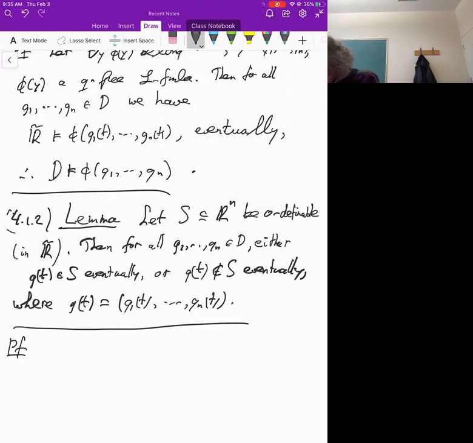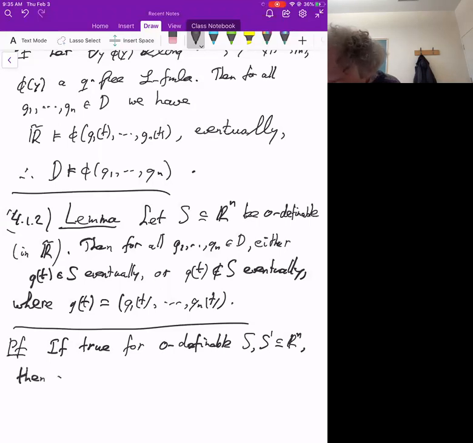Proof, and it's quite simple. First of all, if it's true for zero definable S and S prime, then it's also true for the union, intersection, and the complement of S in R^n.